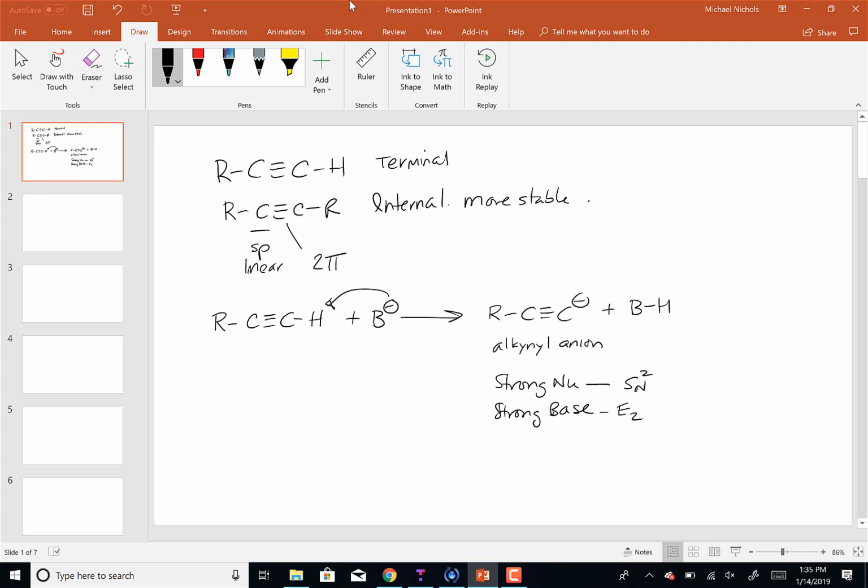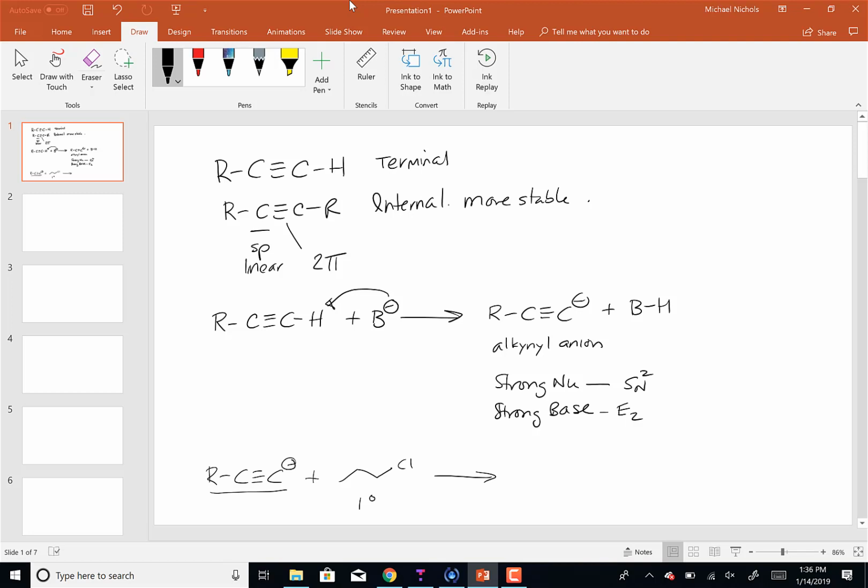So for instance, if I said, you know what, let's react this alkynyl anion with a primary halide. What kind of reaction is it going to do? Well, we just said this was a strong nucleophile.